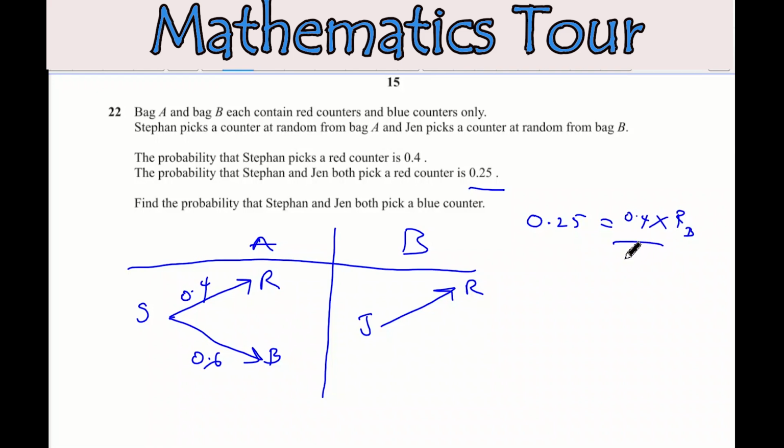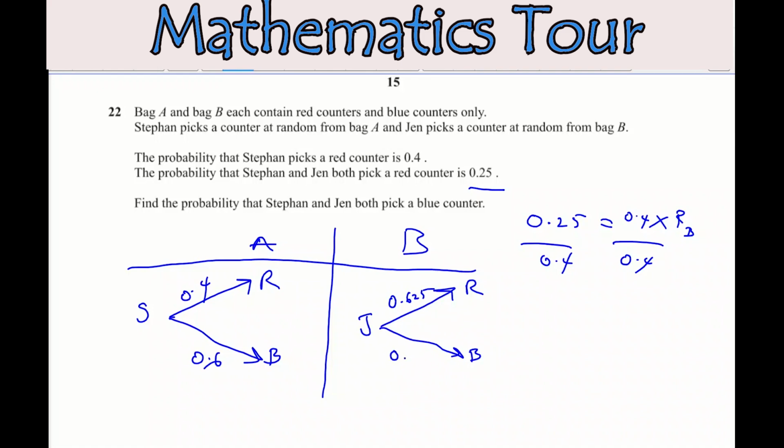So let's divide both sides by 0.4 to get this. If you do 0.25 divided by 0.4, you should get 0.625. So that means this will be 0.625, and for the probability of blue, these two are mutually exclusive events. So it will be 1 minus 0.625, as the two add up to 1.